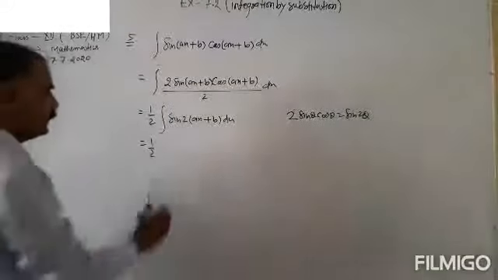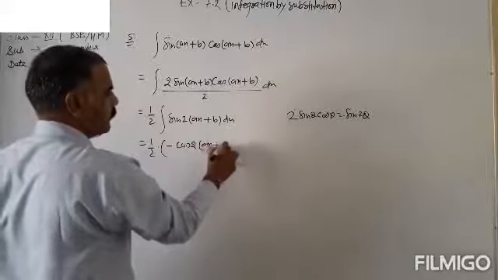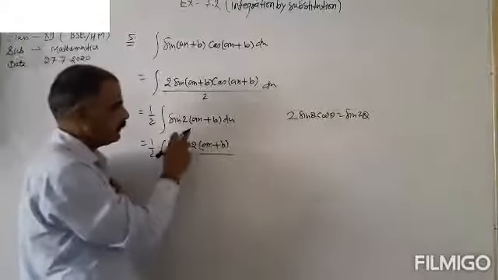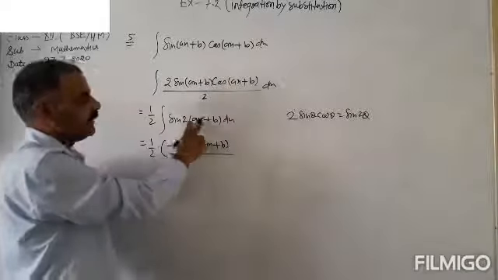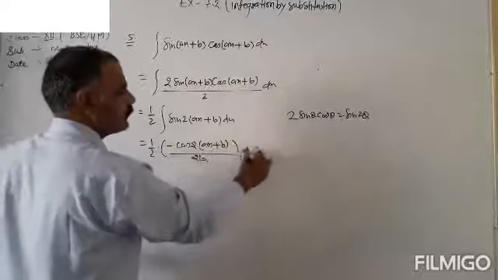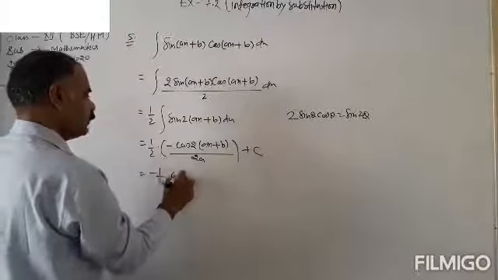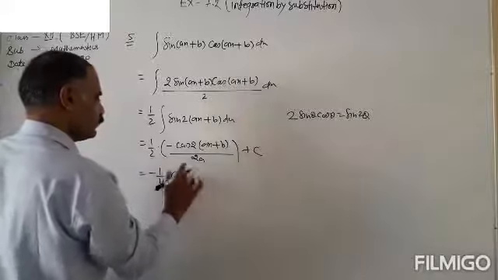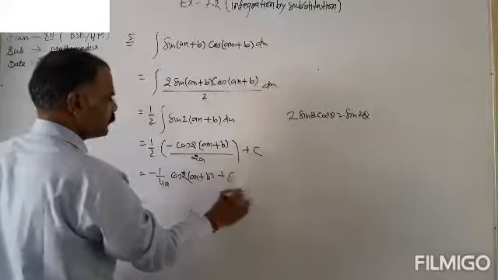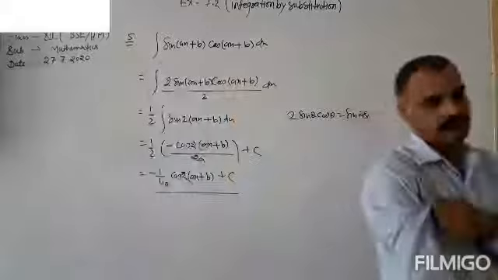The integration of sin 2 theta is minus cos of 2(ax plus b) divided by the coefficient of x, and the coefficient of x is 2a, so divided by 2a, plus c. So this is equal to minus 1 by 4a cos of 2 multiplied by (ax plus b). This is the answer of the question. Okay.